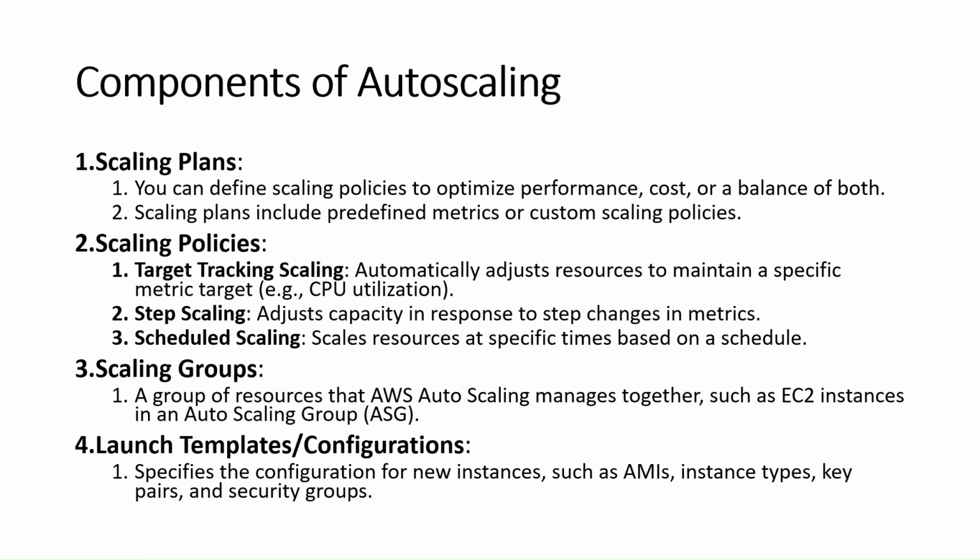So the launch templates are more flexible and advanced than the launch configuration. So it ensures all the new instances are created consistently with the required configuration. Example, if you're scaling a web application, the template ensures every new instance has the same software and the security rules.